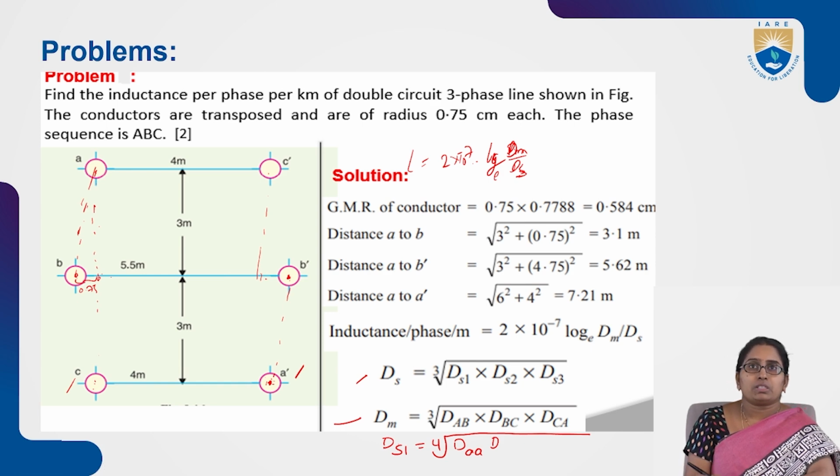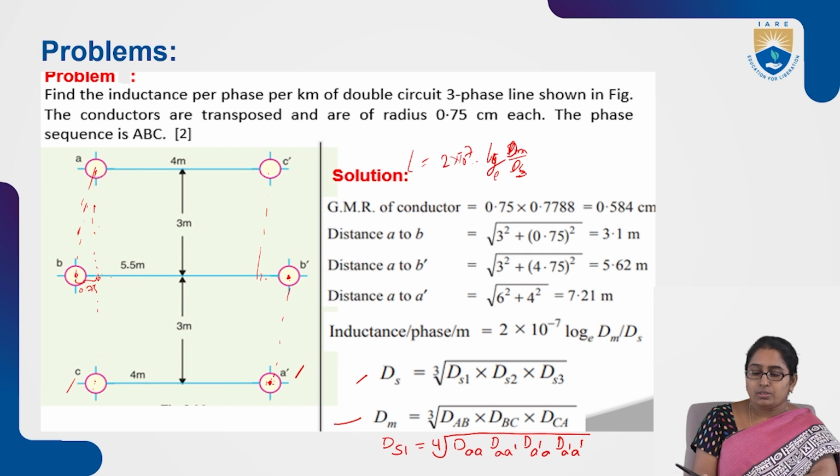So within the phase, it concerns the distances between the conductors within the phase. So DAA, DAA dash, A dash A, A dash A dash. So that is how DS1 is calculated, with respect to phase A.